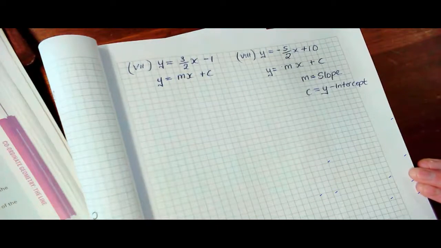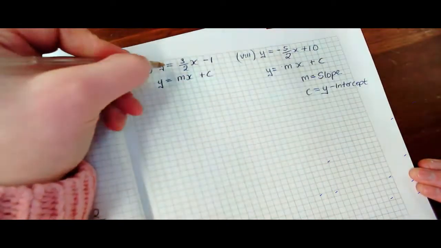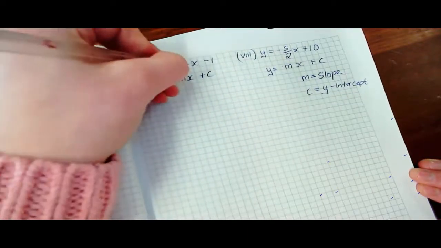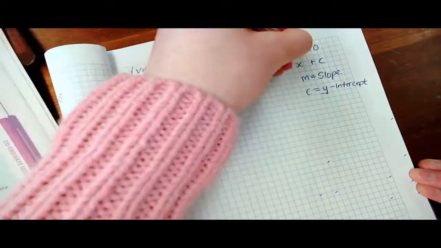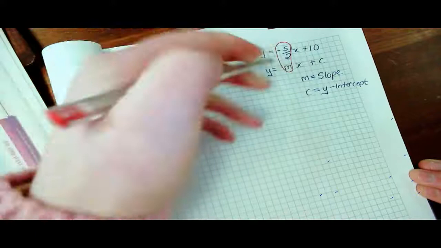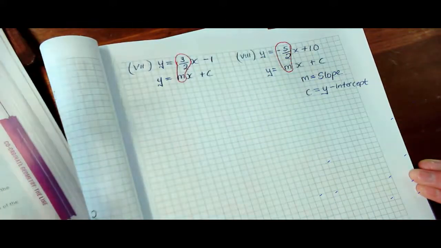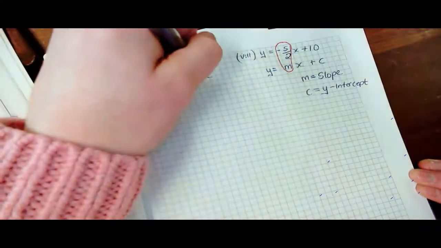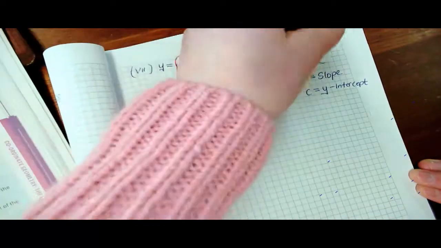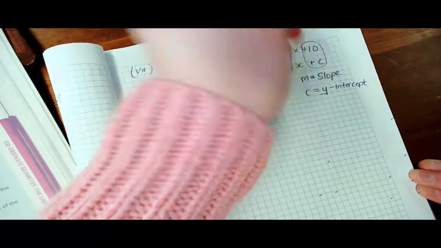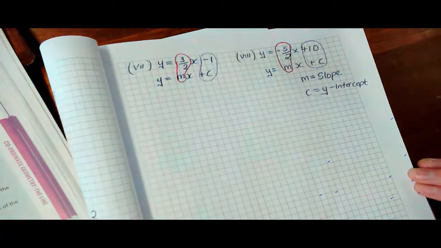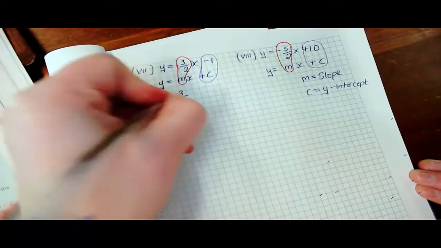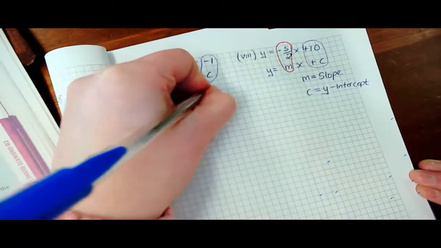Okay, so I'm going to match them up then. So y is equal to a number, x, and a number. So for the first one there, I know my slope is equal to 3 over 2. So I know the slope is equal to the rise over the run.